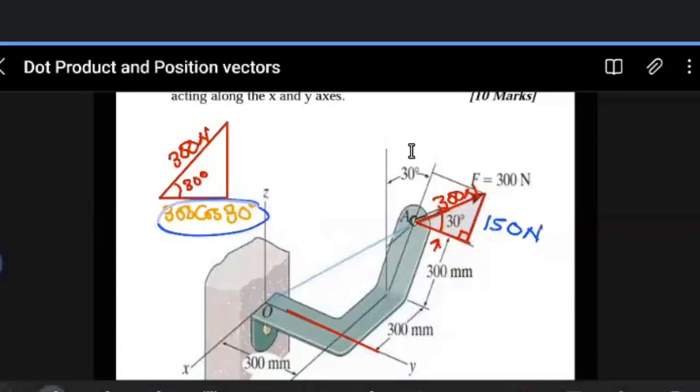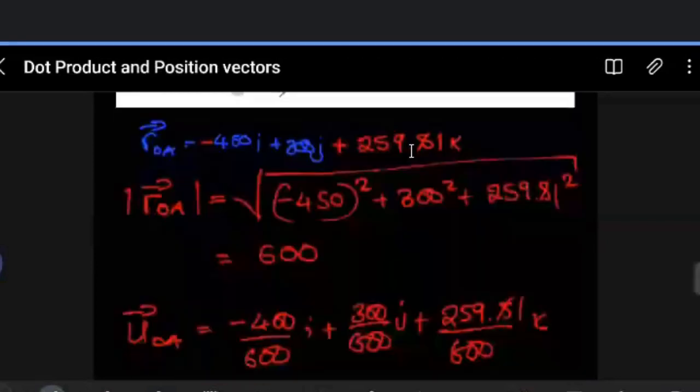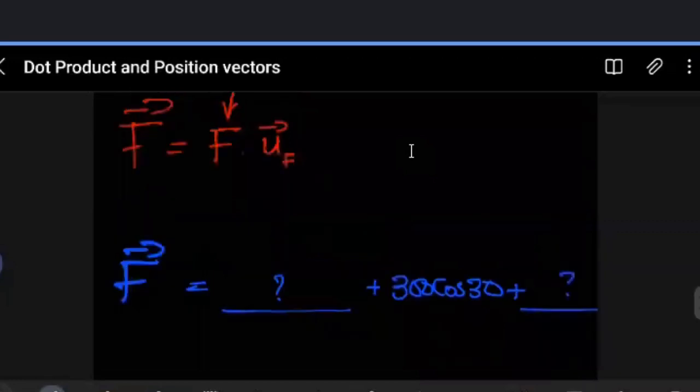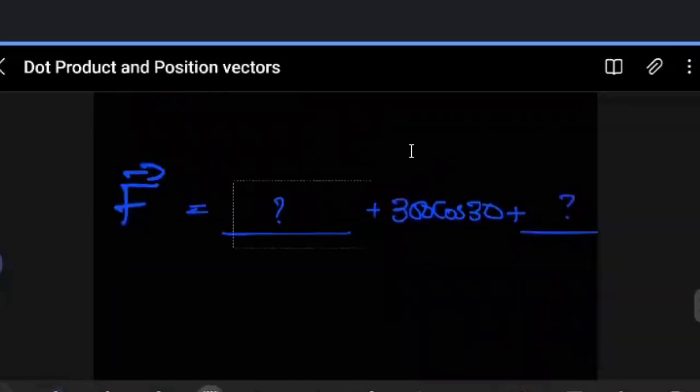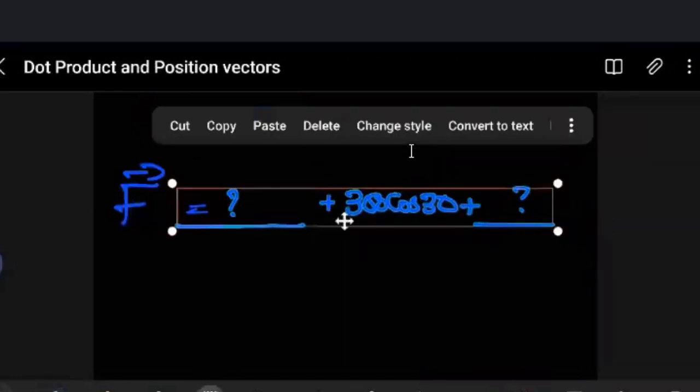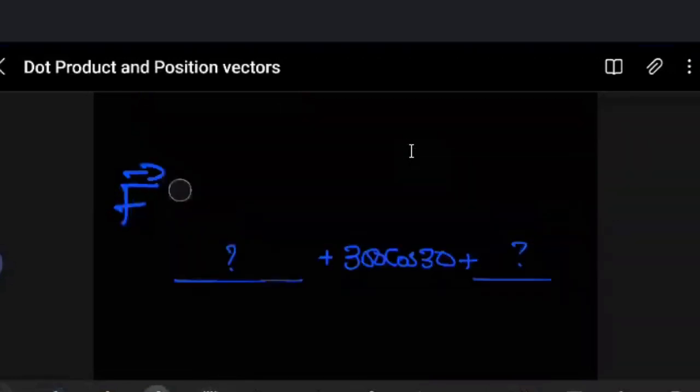Now, let me ask you this tricky question. Is this the x component or the z component? Because those are the two missing. So is that the x component, or maybe it is the z component? What do you think?